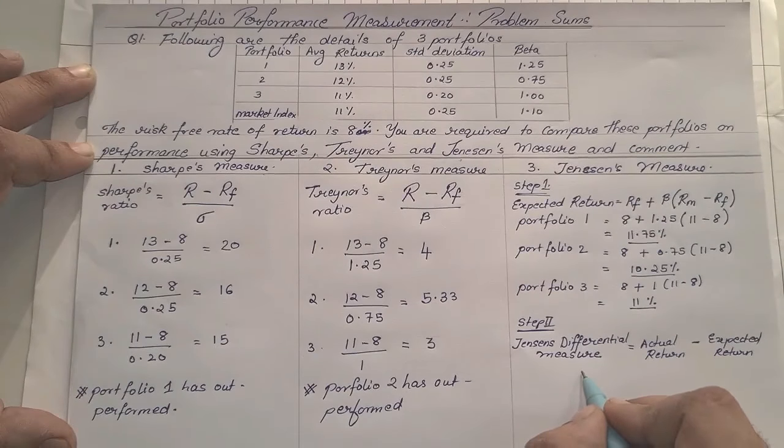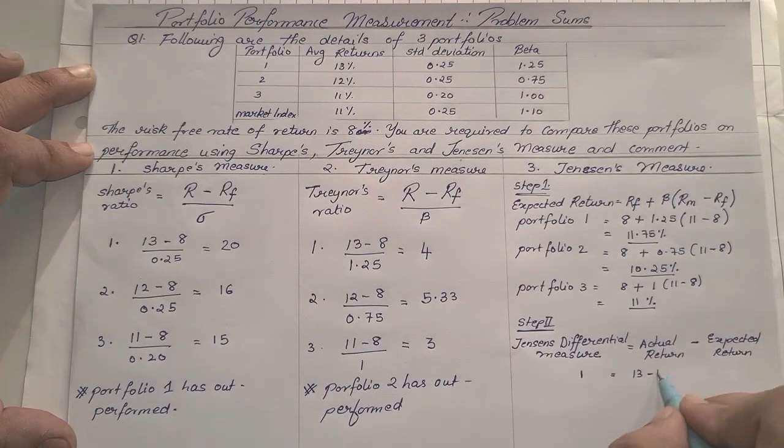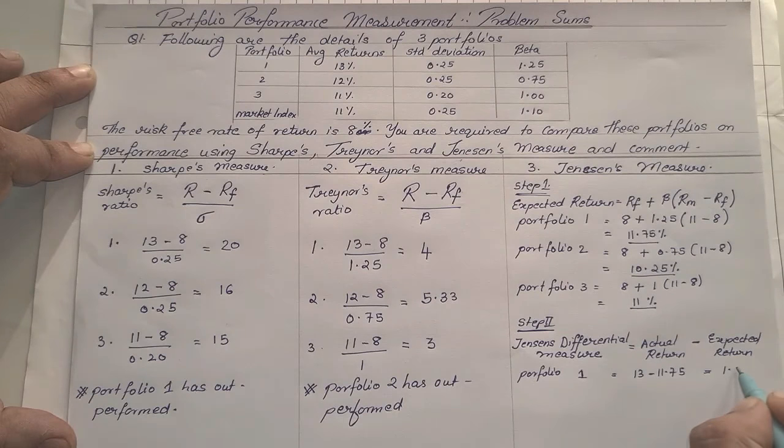So for portfolio 1, the actual return was 13% and the expected is 11.75. So when you subtract it, 13 minus 11.75 would give you 1.25%.